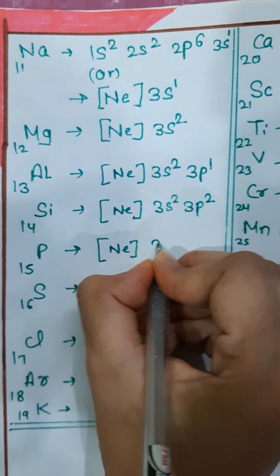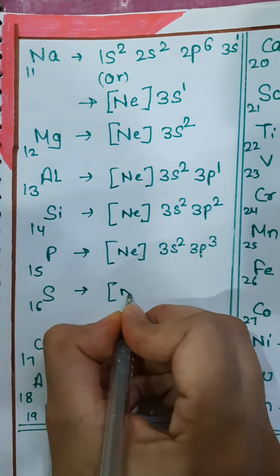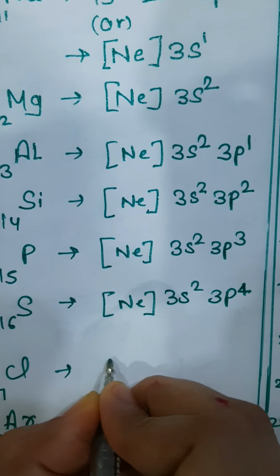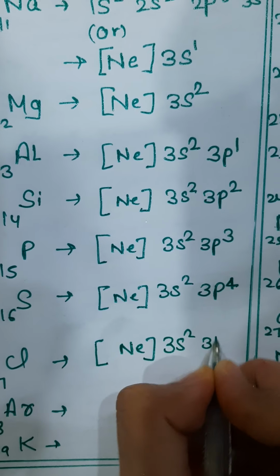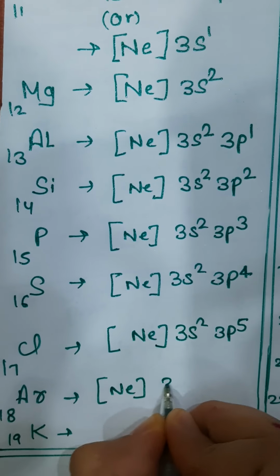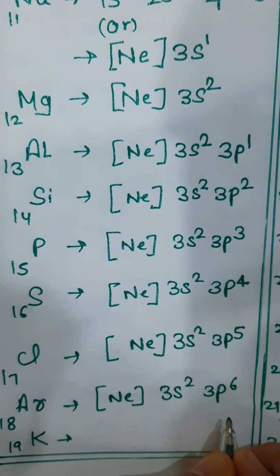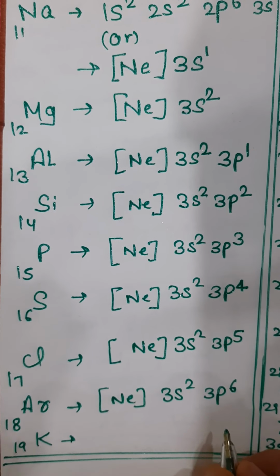For phosphorus, for sulfur, for chlorine, and for argon, 3s2 3p6. Completely filled, it means it is an inert gas similar to neon.